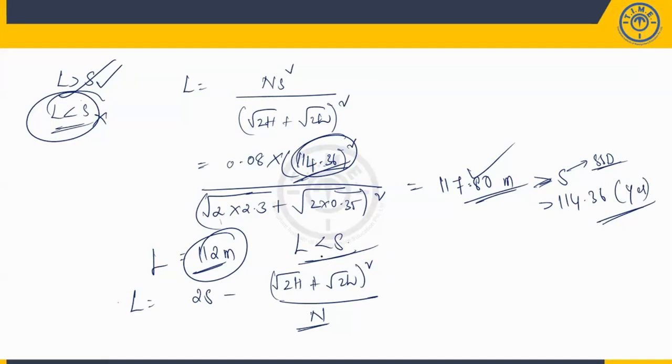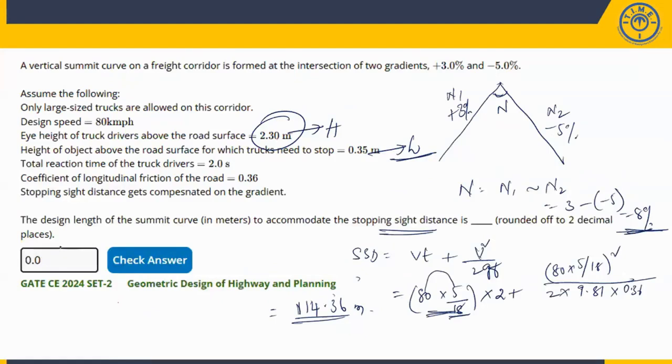When is it applicable? If L is less than S. But always we take the assumption L greater than S. We calculate and check if it is greater than S. If it is greater, we stop; this will be our answer. If less than S, then we move on with this formula.